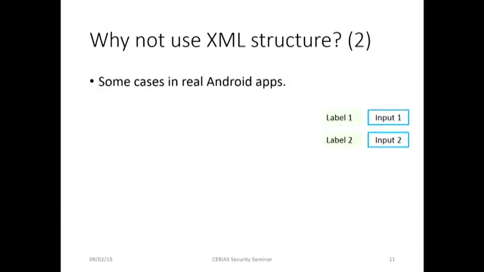We also see some real cases in Android apps where they define the UIs by column instead of by row. For example, for this table-like UI, usually we define it by row. That means in the XML file, input 1 is close to label 1, and input 2 is close to label 2.